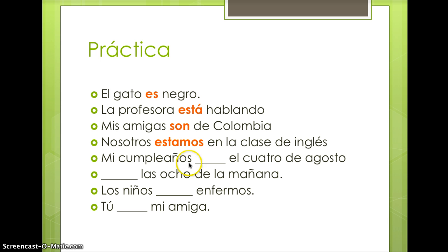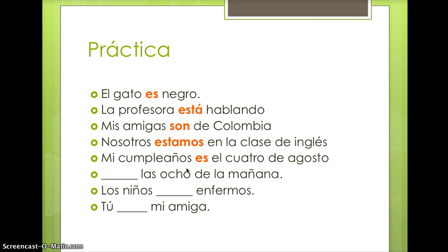This happens to be one. So cumpleaños is singular, and you can see that right here I don't have an S on my possessive adjective. So anyway, that's important because I'm about to tell you what the verb is. So it's the date. So it's going to be ser, but it's not son because this is not plural. It is singular, and it does not include the word yo or tú. So it's going to be in that bottom left box, and it's going to be es. Mi cumpleaños es el 4 de agosto.